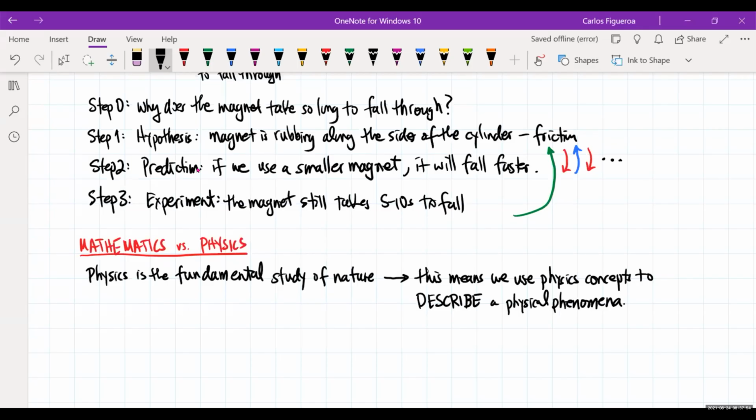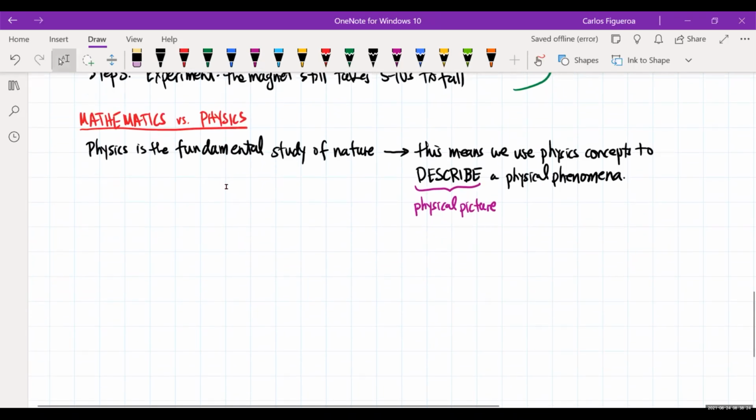And I got to be very specific here, because when I say describe, what we mean in physics is that we have a physical picture in our heads. So our goal here is to have a physical picture. Everything is about the picture. So in essence, when I think about physics, there's a flow chart of physics.